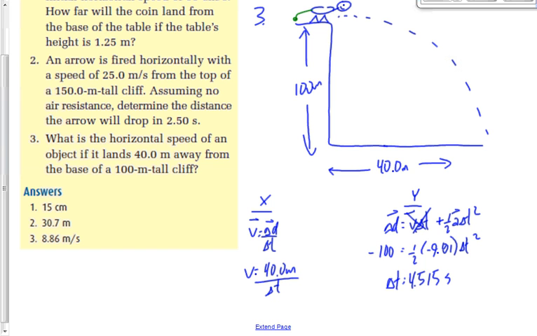We usually end up taking the time from one of them, putting it into the other. Do that math, works out to be 8.86 meters per second. That's the speed of this buffalo as he jumps off the cliff: 8.86 meters per second, horizontal motion.